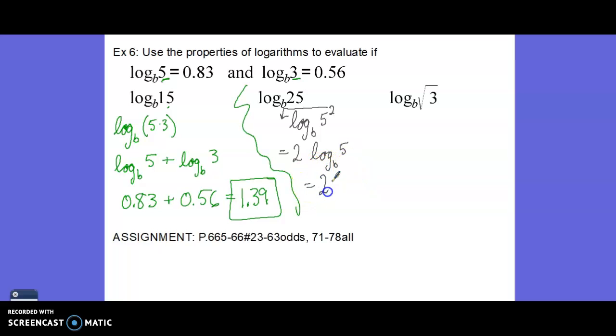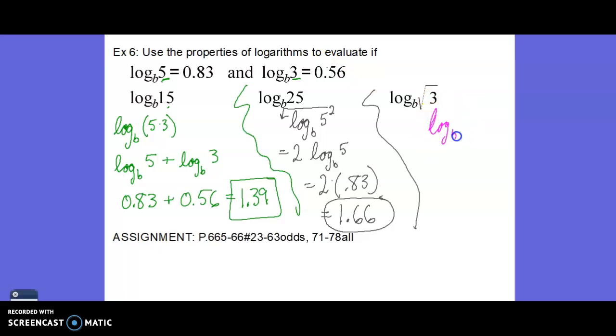Well, that's equal to 2 times 0.83, which is equal to 1.66, if I did my math right. I'm trying to hurry, I'm running out of time. So the last one, rewrite this as log base b of 3 to the 1/2 power. So I can move that 1/2 in front. Half of log base b of 3. Half of 0.56 is 0.28.